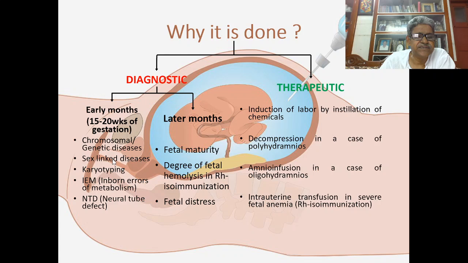Another is the sex-linked diseases. You know the different types of sex-linked diseases, the Y chromosomal, the X chromosomal and both. Another type is karyotyping. Karyotyping is the analysis of chromosomal structure. It is also done for forensic studies. Another is the inborn errors of metabolism.